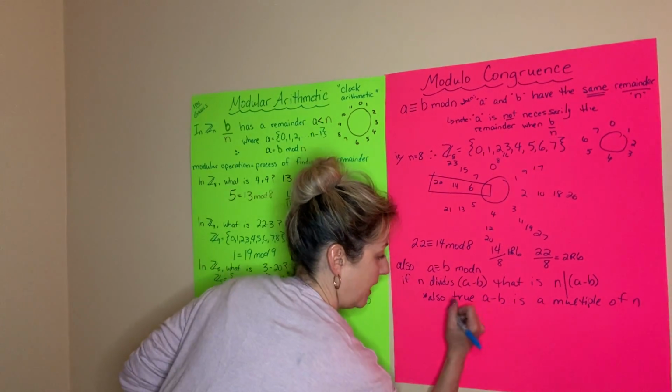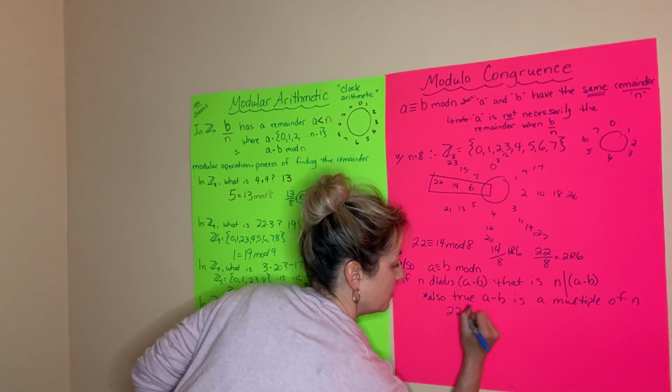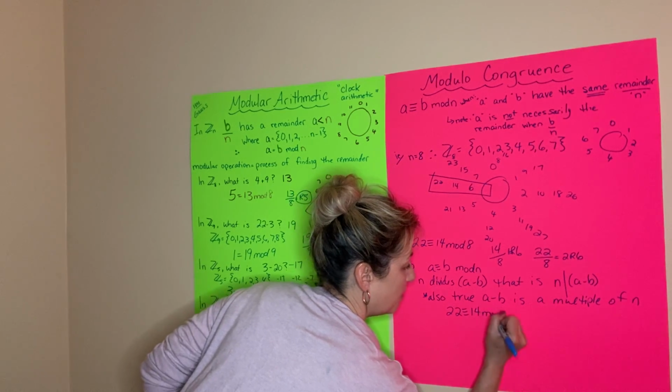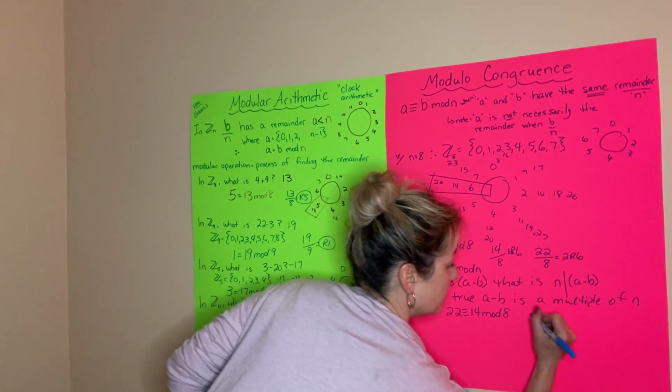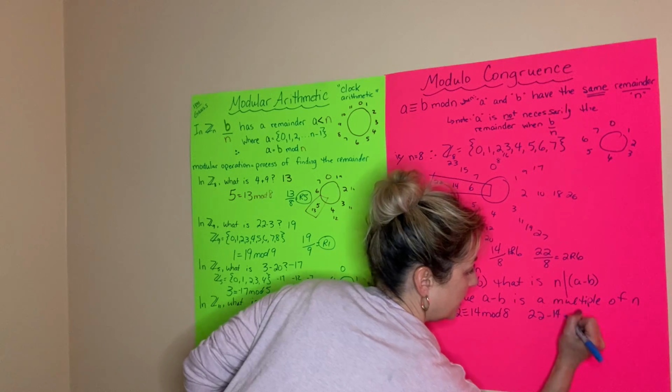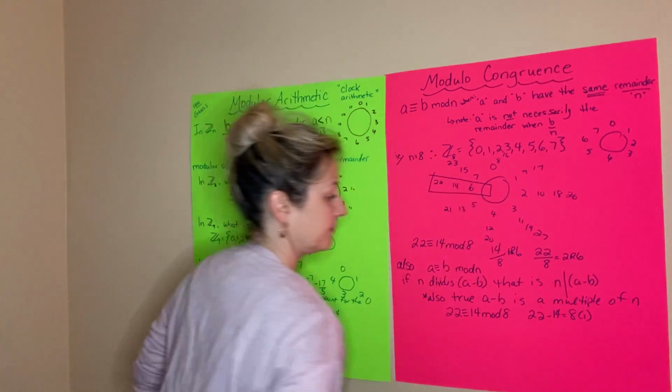So we can say that 22 is congruent to 14 mod 8, where 22 minus 14 equals 8 times 1.